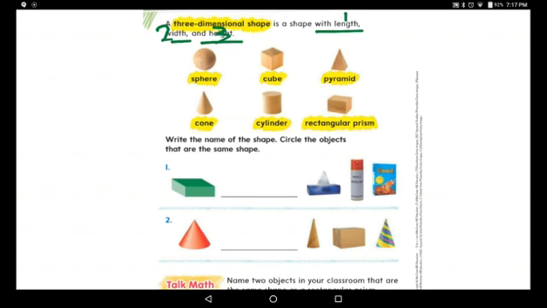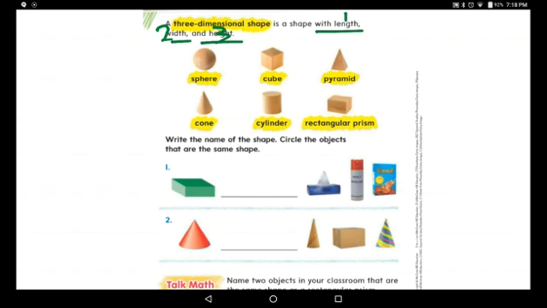This is the sphere. This sphere has zero vertices, zero corners, and it has no edges, and it has only a curved surface, one curved surface.